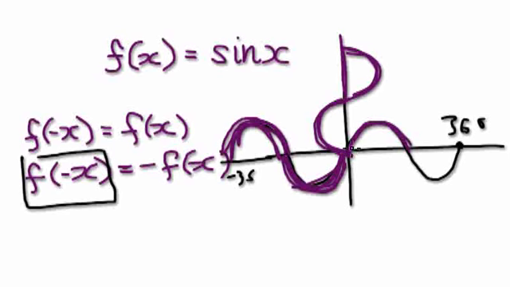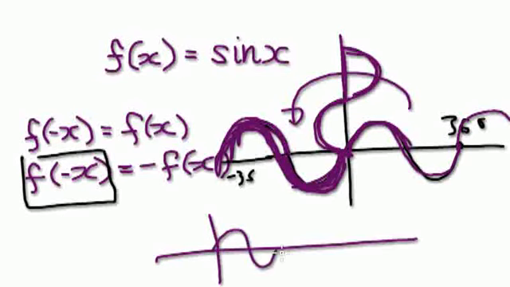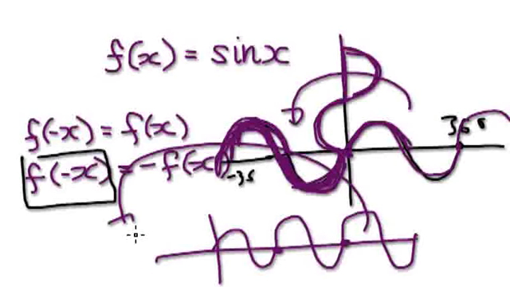So you can see when you rotate it by 180, it does match up with the original function. It also works if you keep on going, for one period, two, three. If you rotate the whole thing 180, it will match up with the original function.